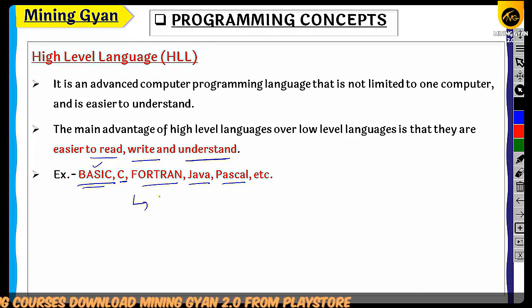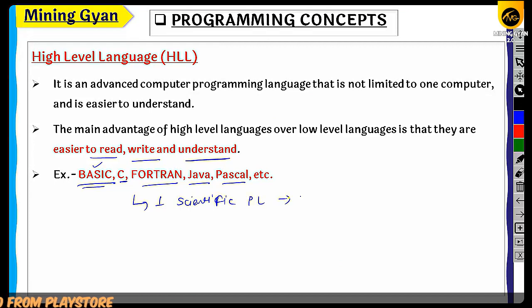The first one is the scientific programming language, like ALGOL. BASIC is also a high level programming language used for scientific research or scientific programming.